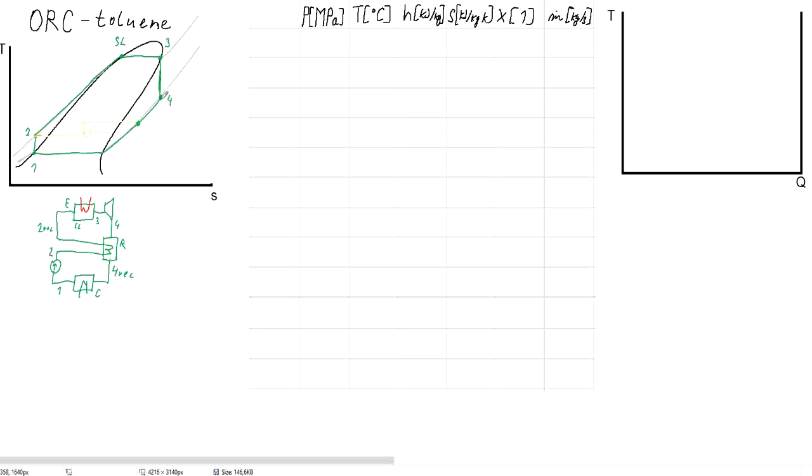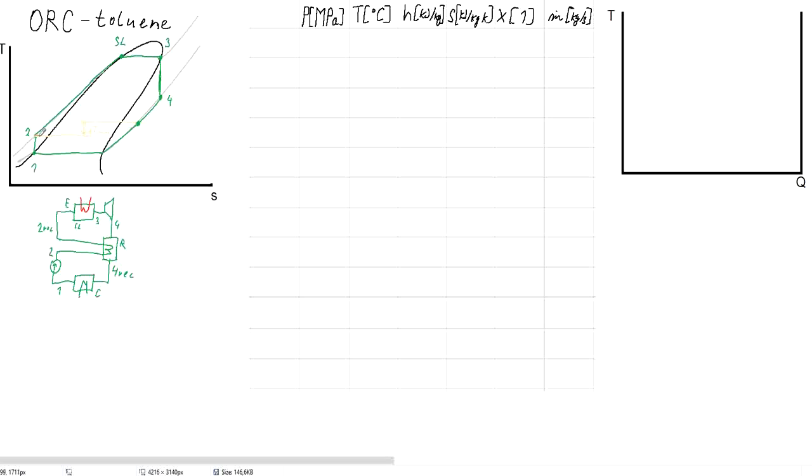And as the heat is transferred from the fluid over here in the low pressure vapor into the high pressure liquid, the heat transfer cannot go beyond the point over here.